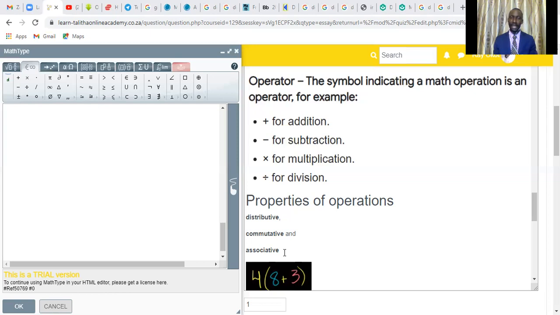As I indicated earlier, when we talk of the operators or the signs of operation, we refer to addition represented by plus, minus for subtraction, multiplication by times, and division represented this way. So let's begin to break it down.